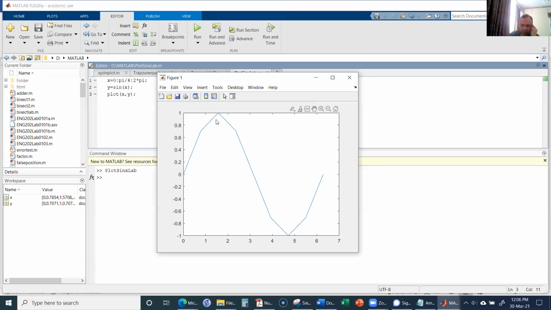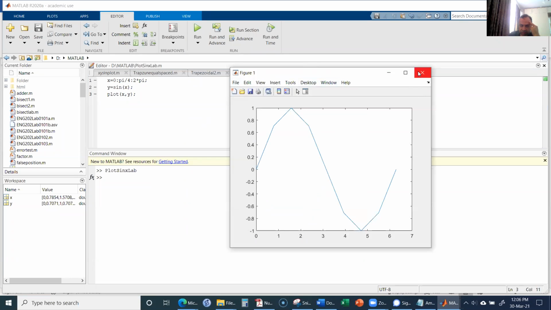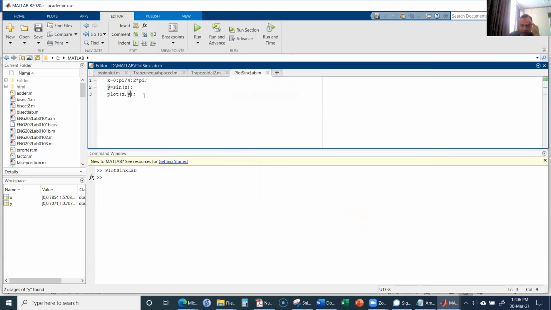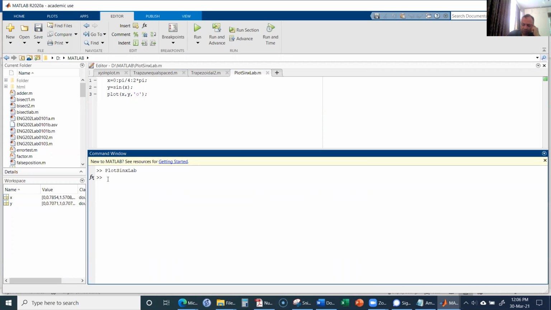You can see that this plot is not very smooth because Matlab is assuming the connection between these points as lines. I can close it, and then show only the markers. For showing only the markers, I use 'o' as the marker, and then I run this command again.